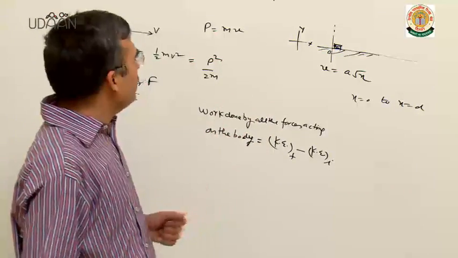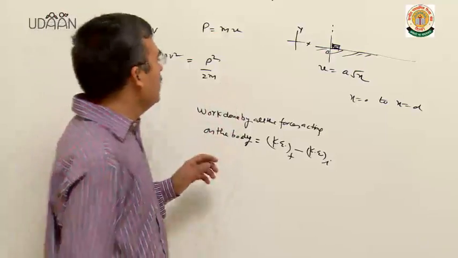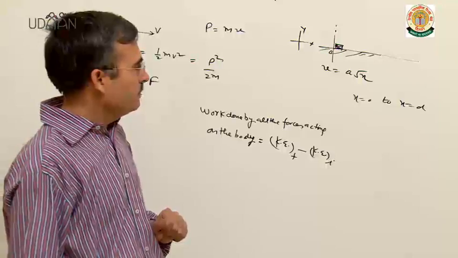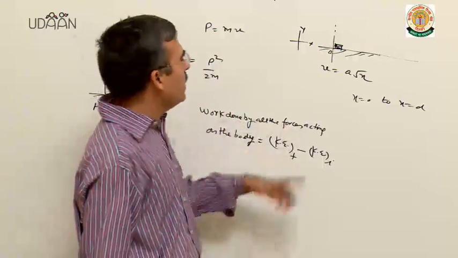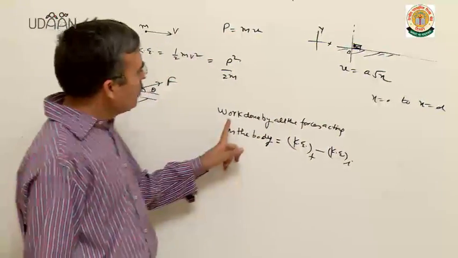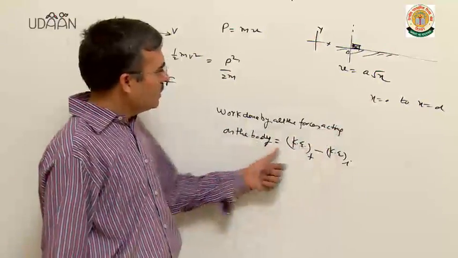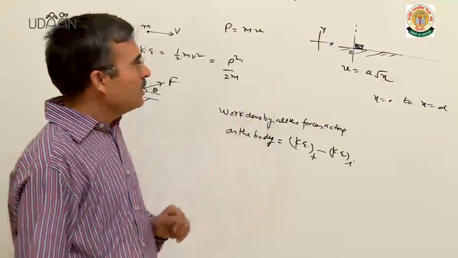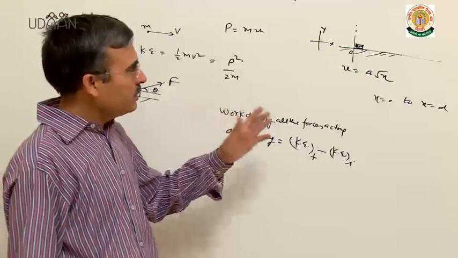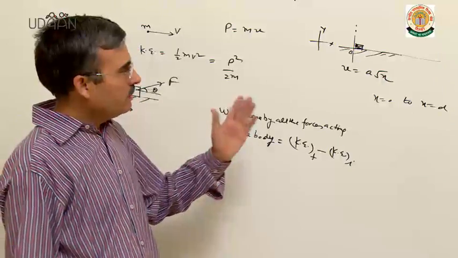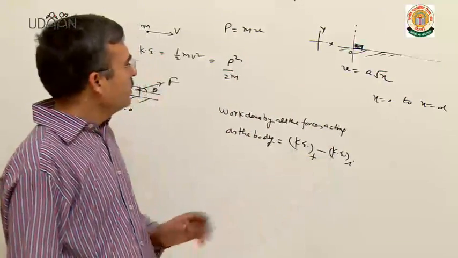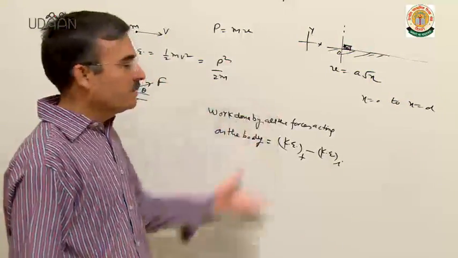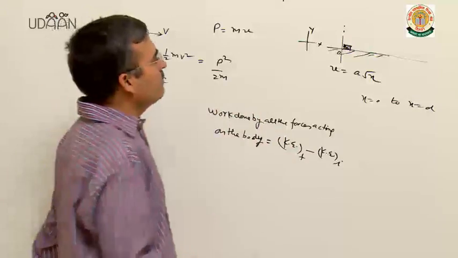Forces are not given in the problem, so we cannot apply force vector dot displacement vector here. तो हमें वर्क कैसे निकालना है? इस रिलेशन से निकालना है. देखिए, वर्क डन बाय ऑल द फोर्सेज विल बी चेंज इन काइनेटिक एनर्जी ऑफ द बॉडी. क्योंकि हमें स्पीड पता है, वी कैन फाइंड आउट speed at x equal to 0 and we can find out speed at x equal to d. So we can find out easily change in kinetic energy of the body. So work can be calculated in this way. Okay.